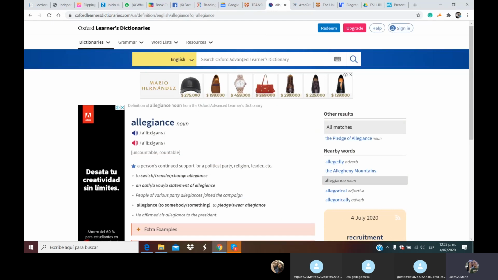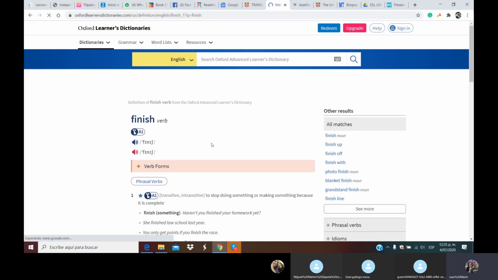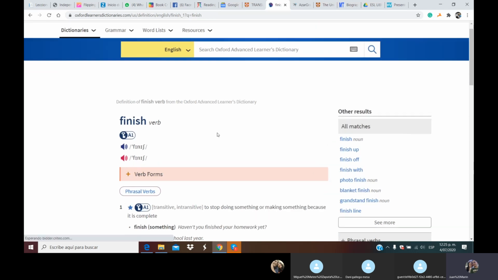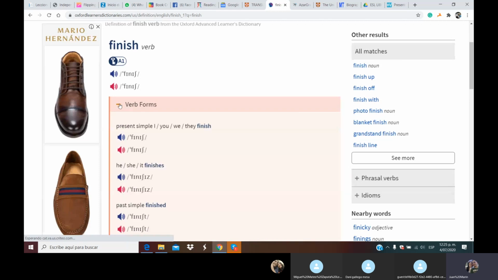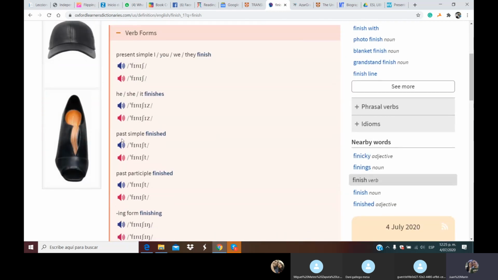Here. You come here, for example, finish. You look for finish. Then you search the verb forms, and you can listen to the past simple or the past participle.